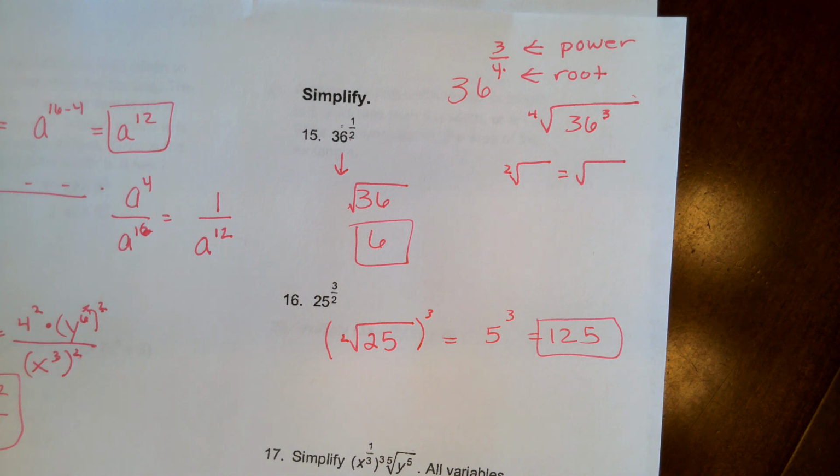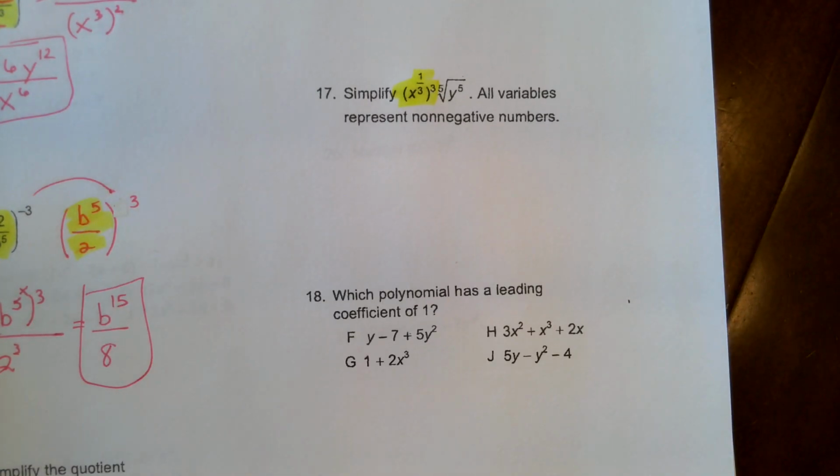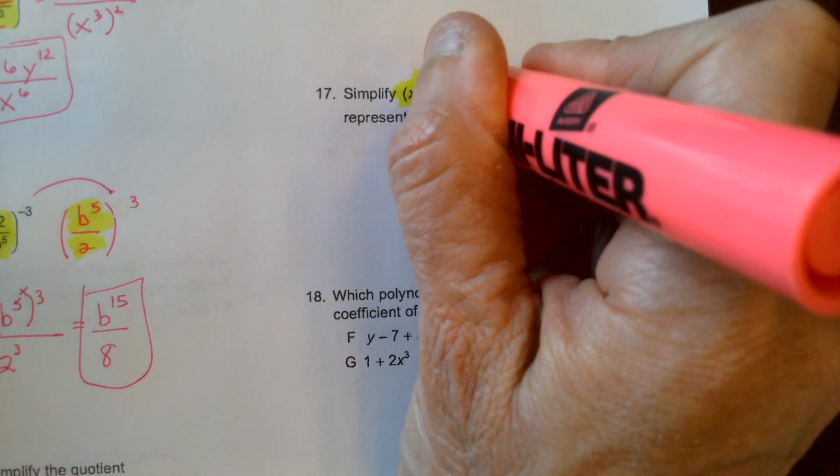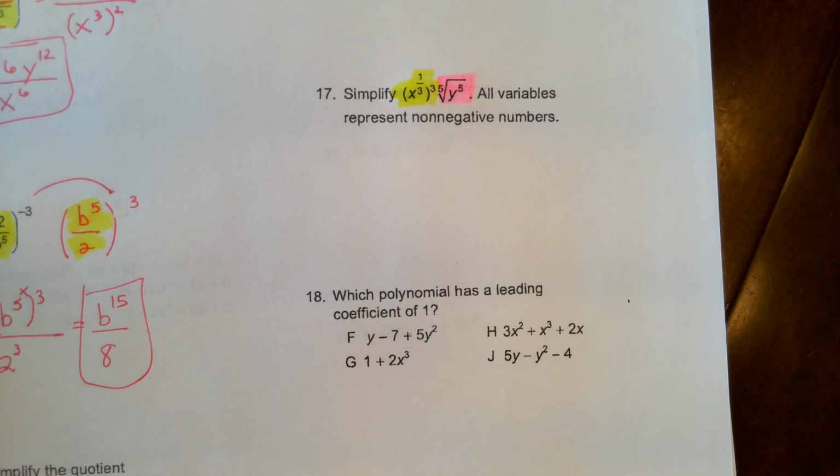All right. Now, in 17, whenever you look at these, it may be helpful if you use 2 different color highlighters. I think that might help you break this up because you have this, and then you have that.